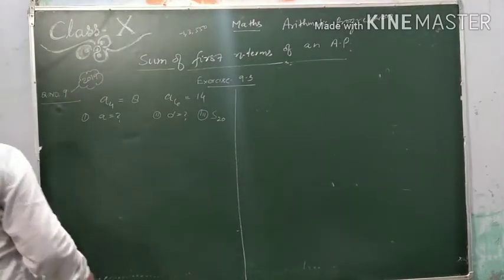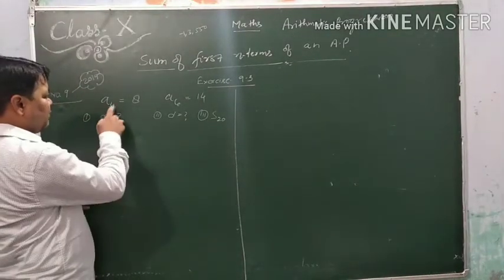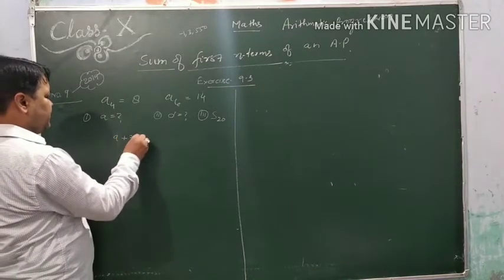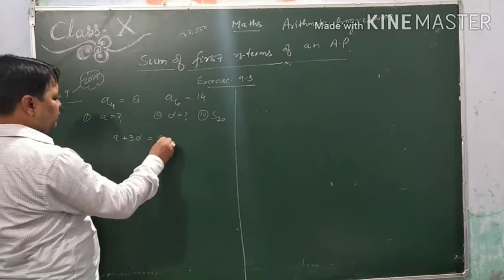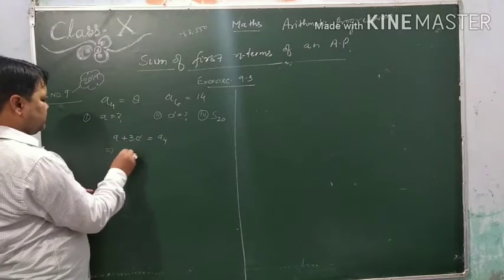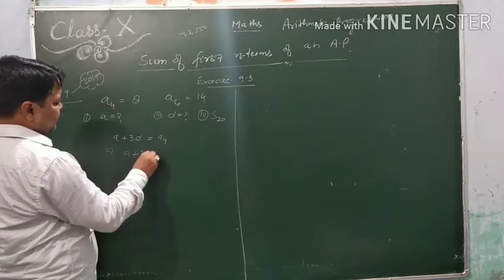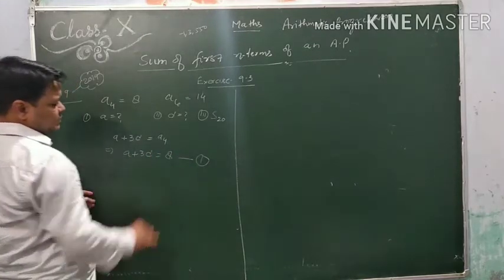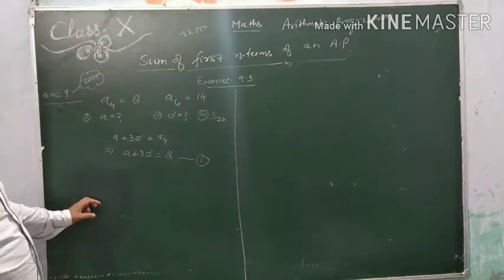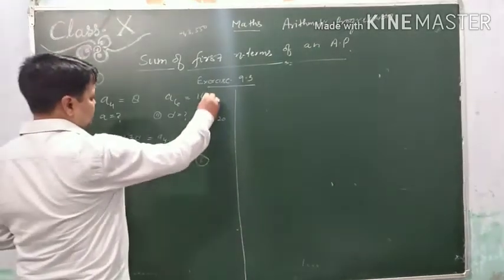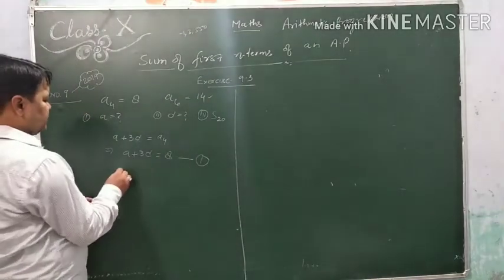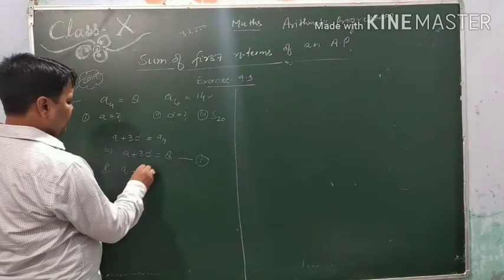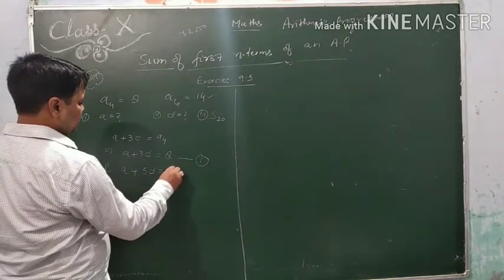What is given? a4 is a plus 3d, which is equal to 8. This is equation first. Similarly, we can write a plus 5d is equal to 14.